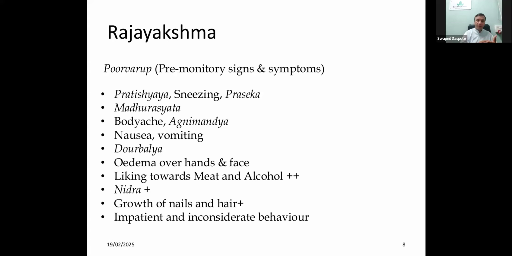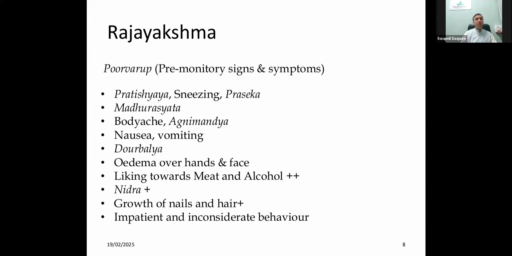All the seven dhatus are depleted. So understand the severity of the disease. Okay, so it is not as easy as other diseases, which can be treated with minor corrections in lifestyle, food habits and medicines. It is a very difficult disease to treat, and the severity and intensity you can gauge by the elements which are involved in the process of the disease formation, right?